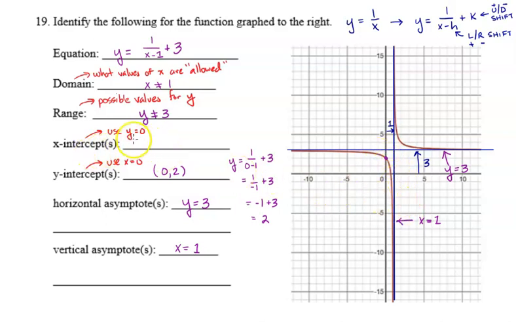To find the x-intercept, we're going to set the y part equal to 0. So up here I'll say 0 equals 1 over x minus 1, plus 3. I just took the y and made it a 0 and left everything else the same. And now we're going to solve for x. So first thing I'm going to do is subtract 3 from both sides.